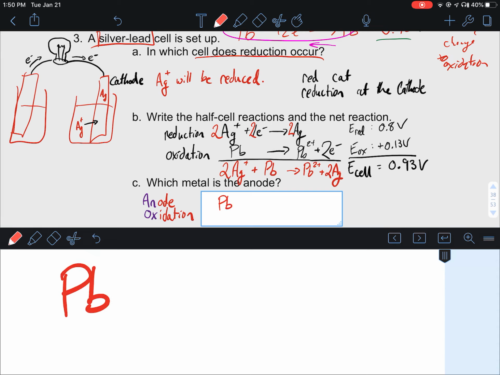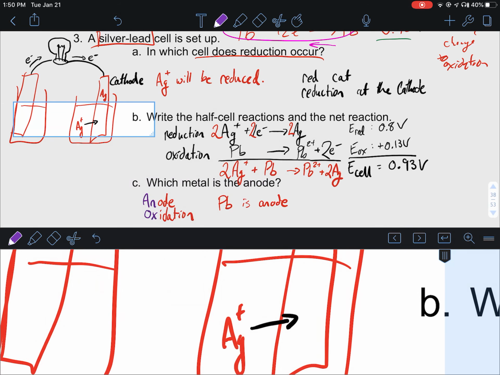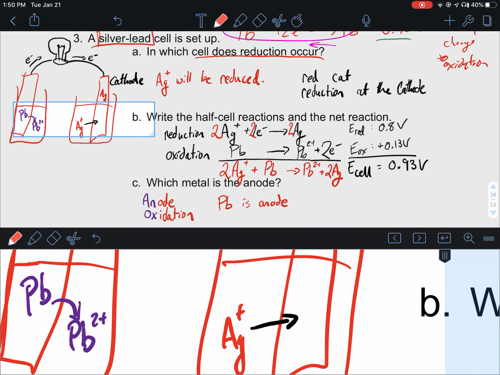So lead is the anode. And let's go back and put the lead in here. Put the lead bar. Put the lead 2+ ions. And they are being formed. So as the lead falls off the bar, it is releasing electrons down the wire, and those are continuing.